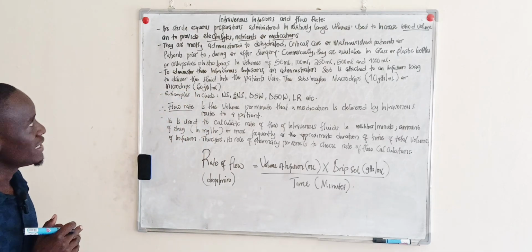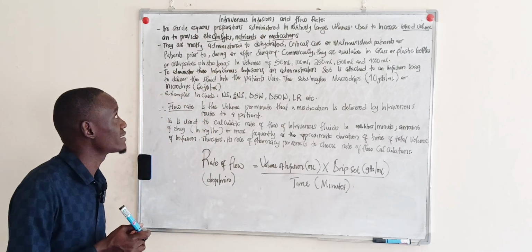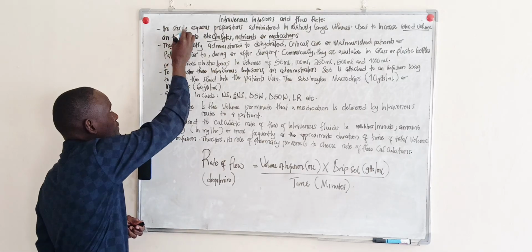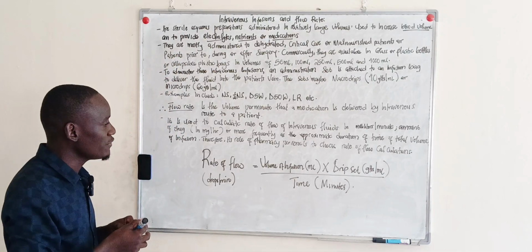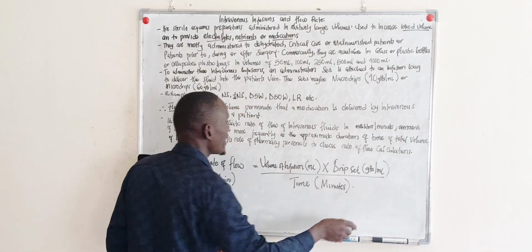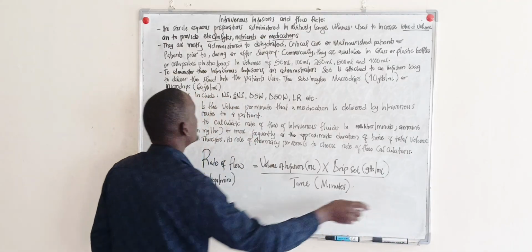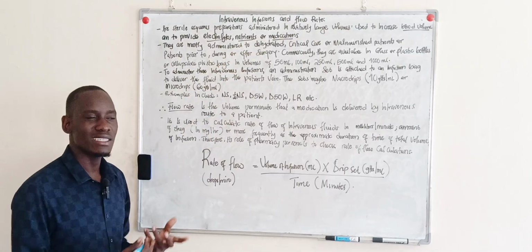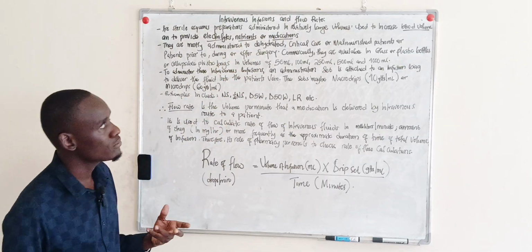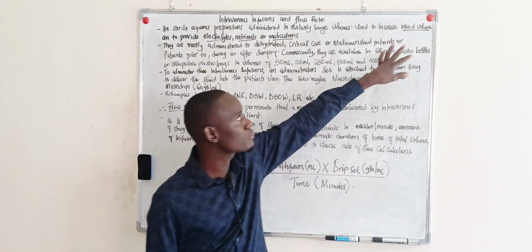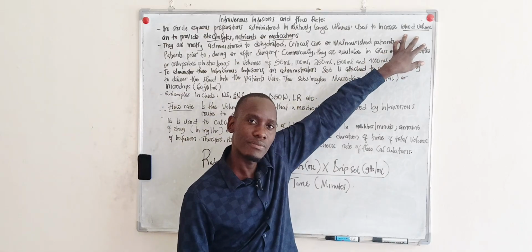What are intravenous infusions? First and foremost, intravenous infusions are sterile aqueous preparations administered in relatively large volumes, and they are mostly used to increase blood volume.